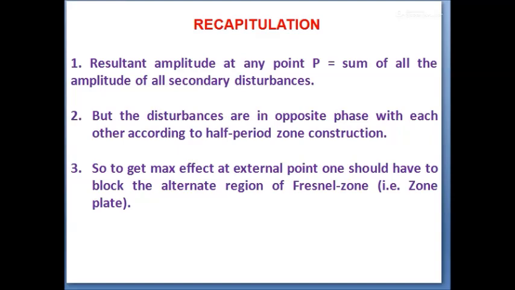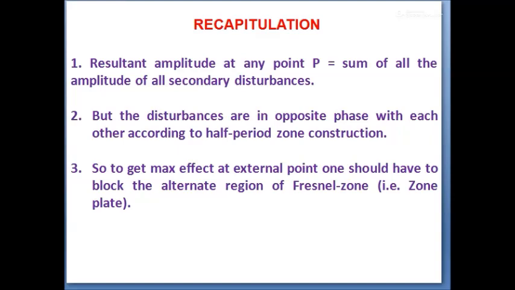And to get the maximum effect, we construct the Fresnel zones by making the external point alternately blocked. That means we make alternate blackening of alternate zones.